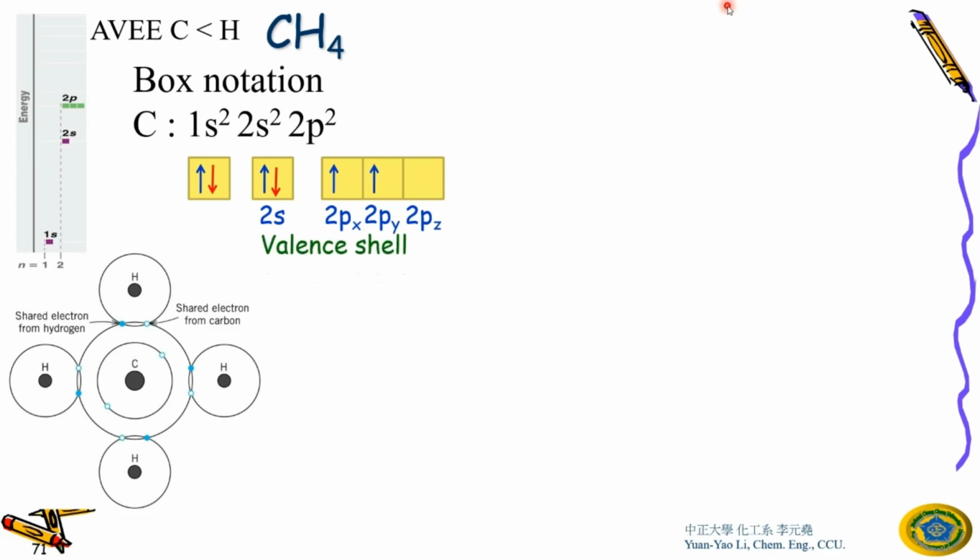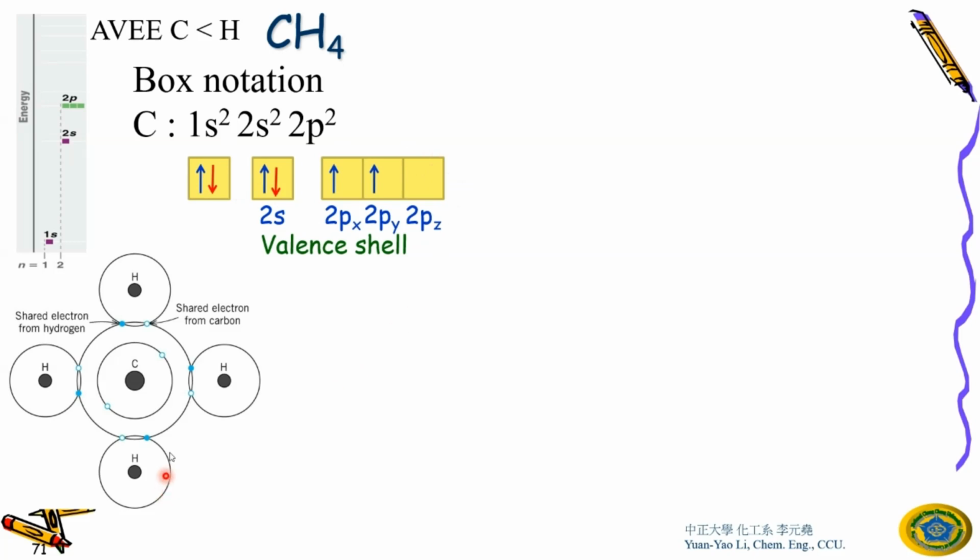So although you have 4 valence electrons, 2 electrons occupy the 2s orbital, and 2 occupy the p orbital. So this electron configuration lets you know this.